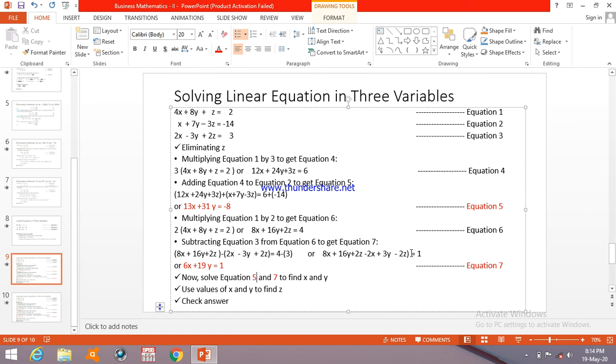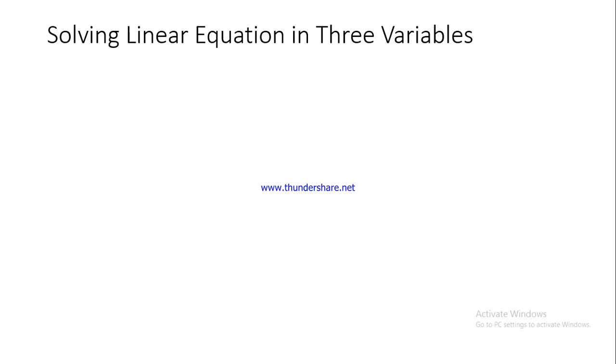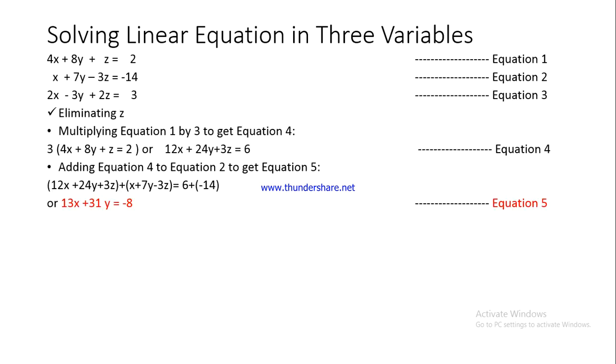Fine. So the fifth equation is going to be used along with the seventh equation. These equations have been marked in red. So you can have a look here, they've been marked in red. Now we have to basically solve for x and y using the fifth and the seventh equations.